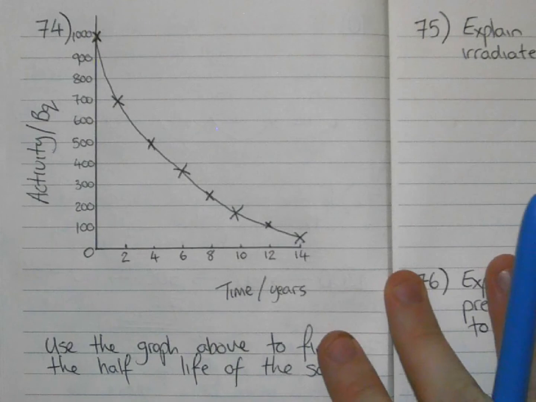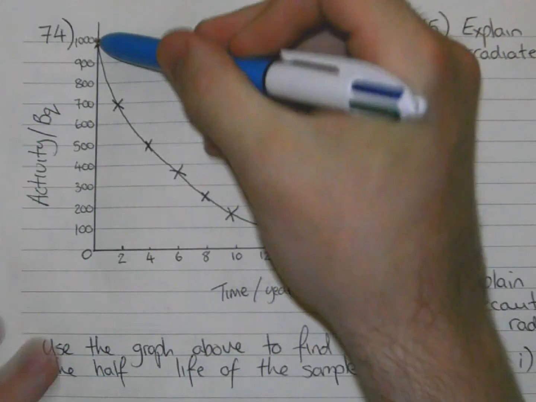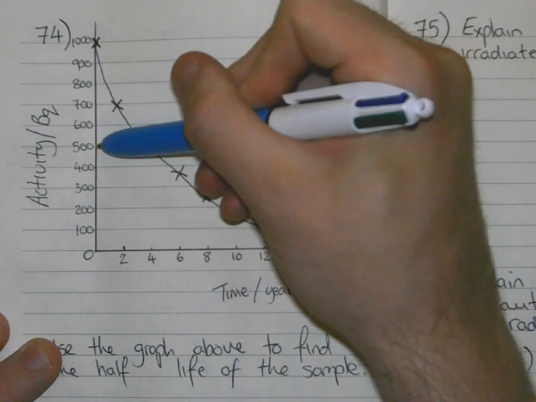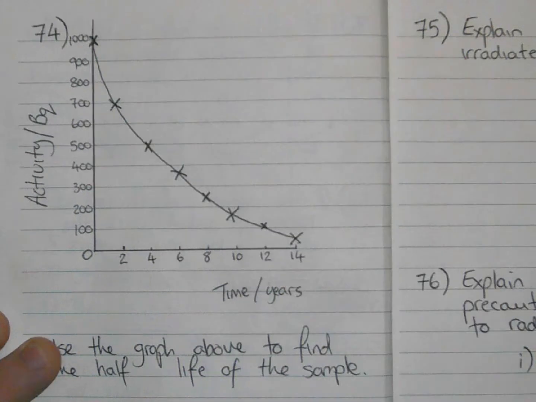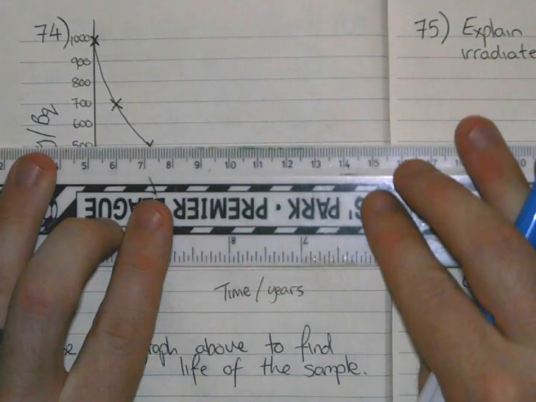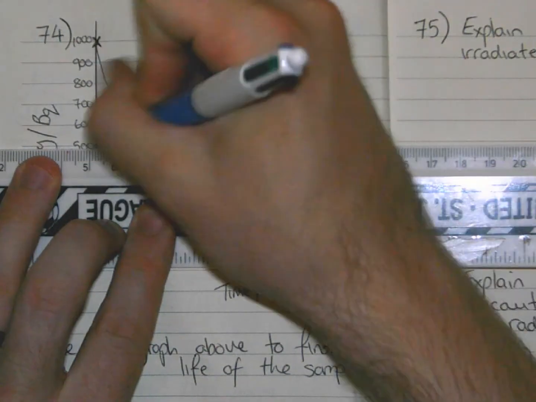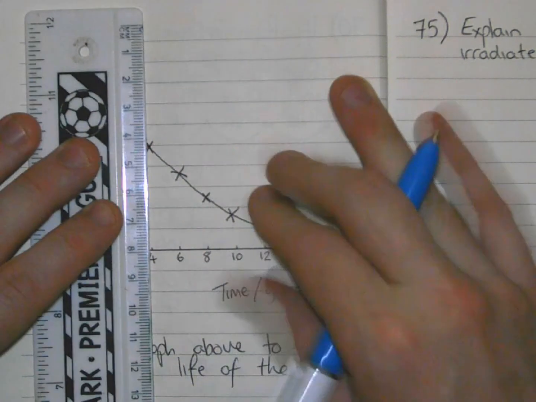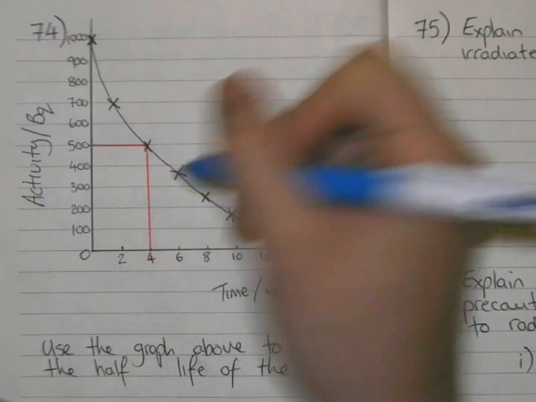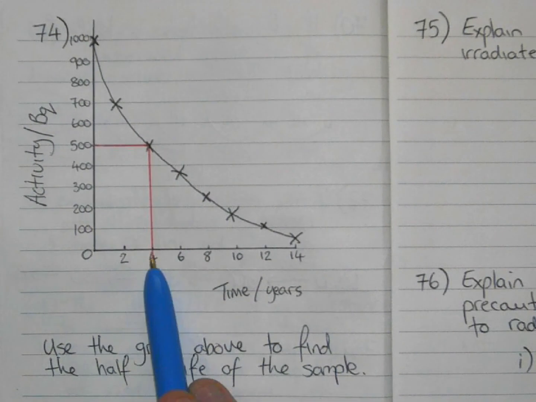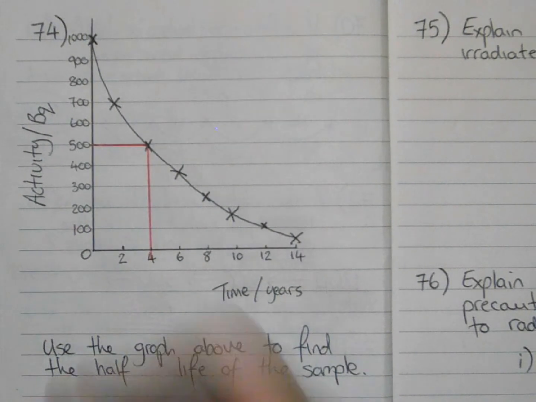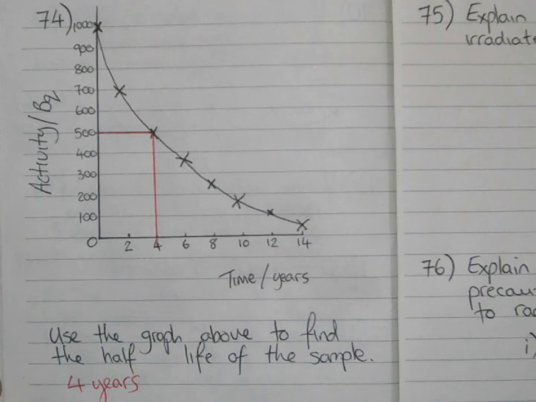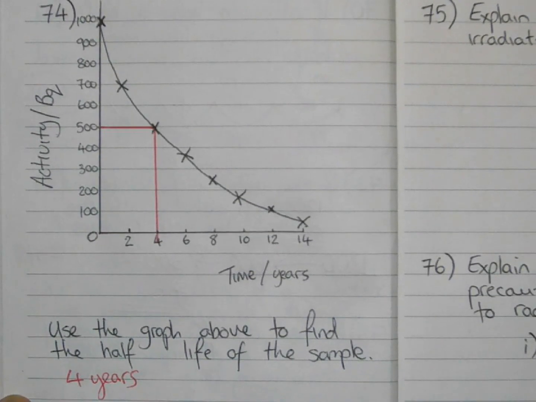It starts at 1000, and so we want to know how long it takes to drop to 500. So I'm going to draw a line along from 500, and I'm going to draw it down from there, and we find that it takes 4 years to halve, so the half-life is 4 years.